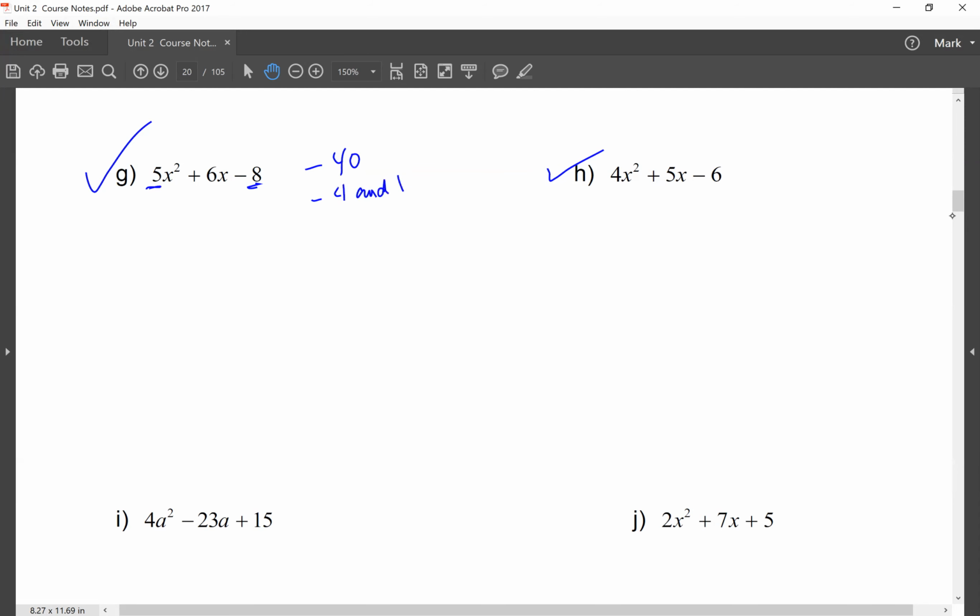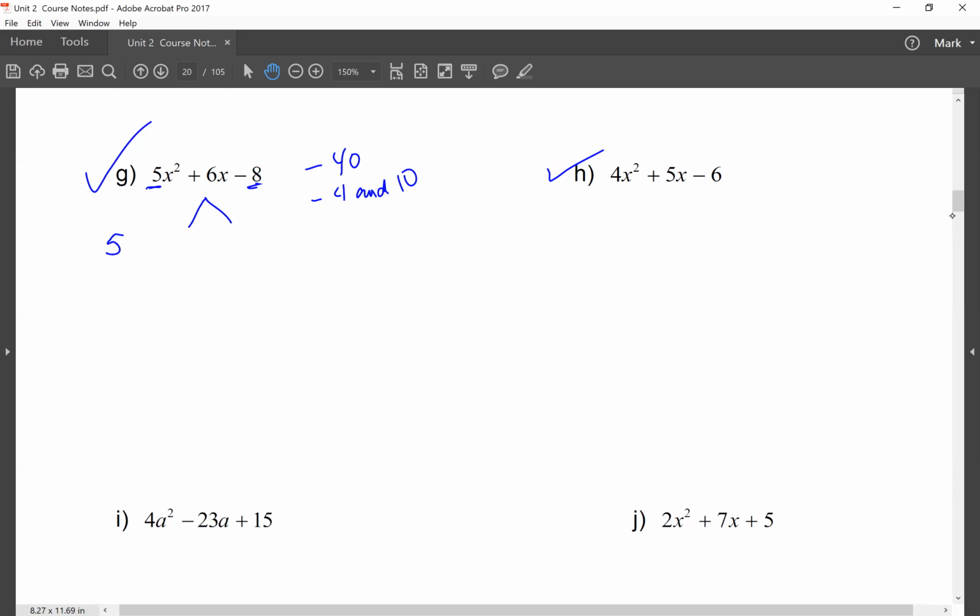So what I'm going to do is split this middle term here into that 4 and 10. And really, it doesn't matter which order I write them in. I know I mentioned this yesterday, but I don't know how much I emphasized it. It really doesn't matter if I go negative 4 or 10 first. I'm just going to go with the bigger number first.